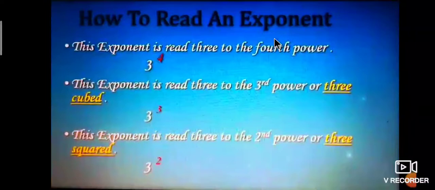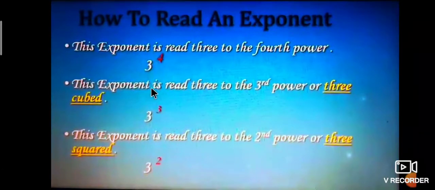It is read in 2 or 3 types. For example, this exponent is read 3 to the fourth power, or 3 to the power of 4, or 3 raised to the power 4.